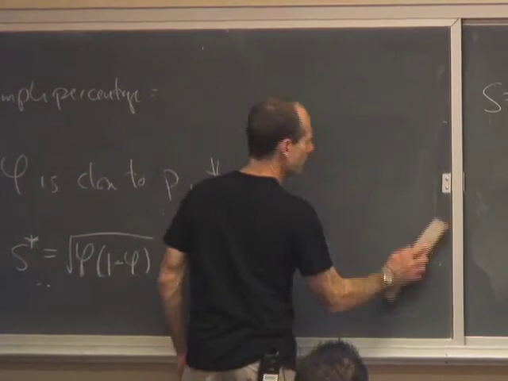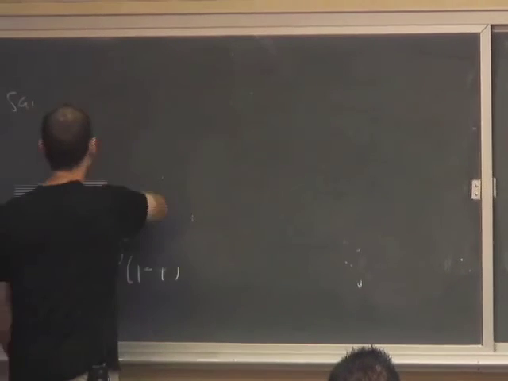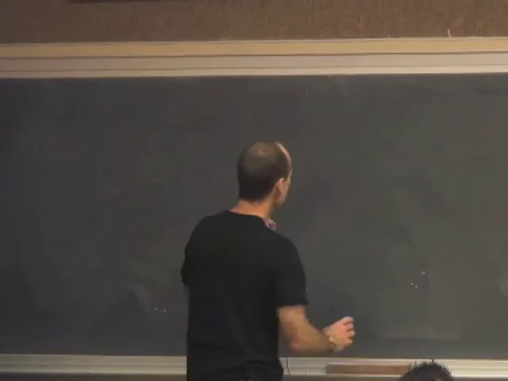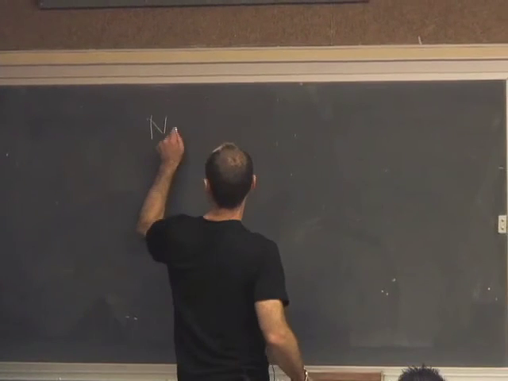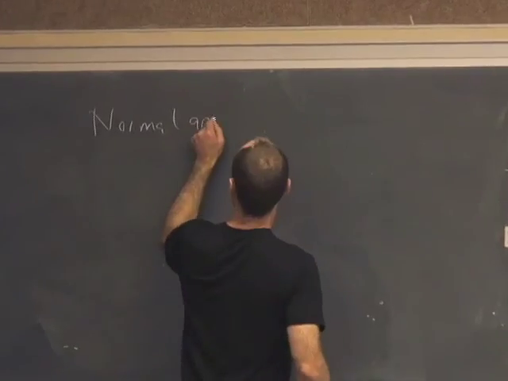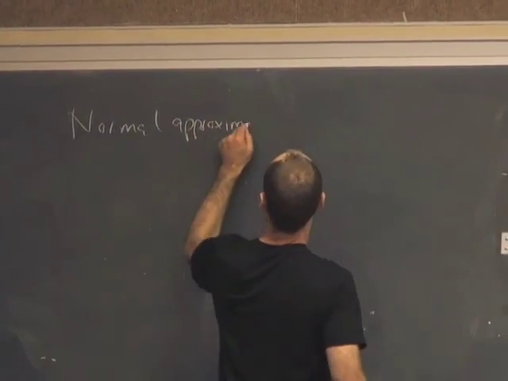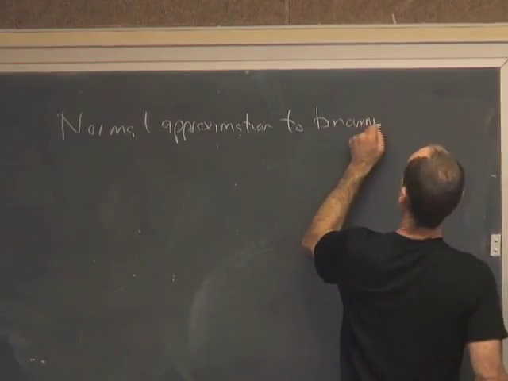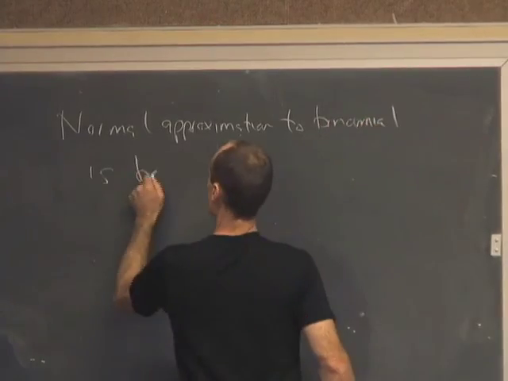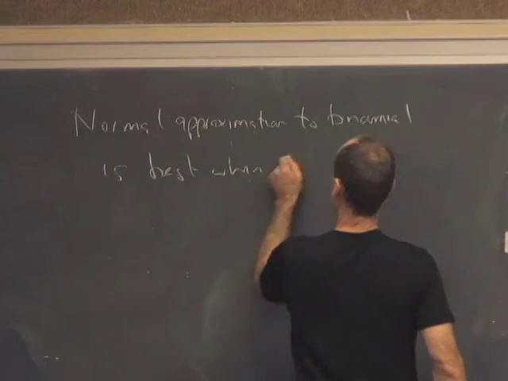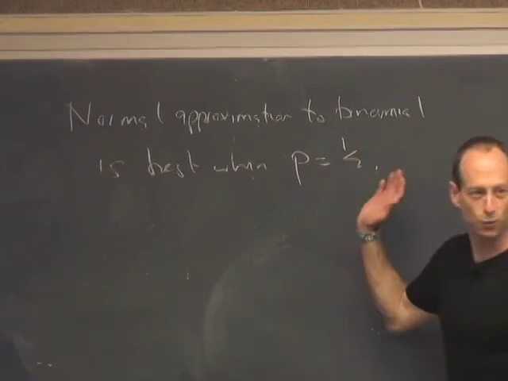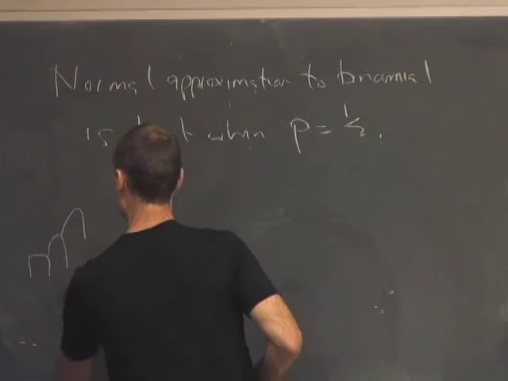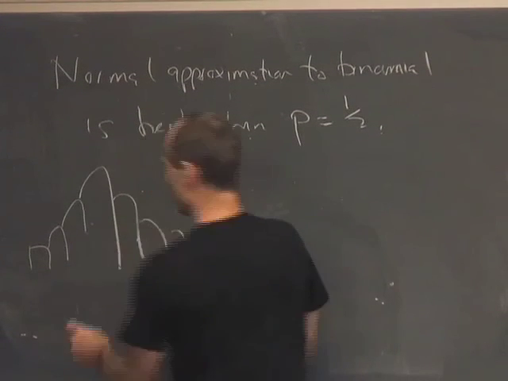There's a couple things going on. This doesn't have anything to do with normal, but what you're saying is right. Let me repeat the ideas. The normal approximation to the binomial is best when p is equal to a half. That's true, and that's what I think you're remembering. That's because the binomial probability histogram is then symmetric.